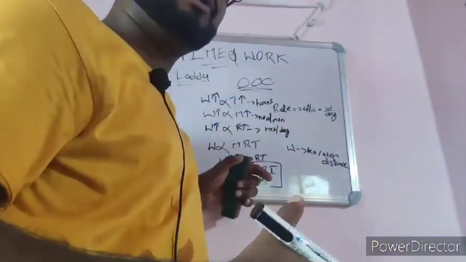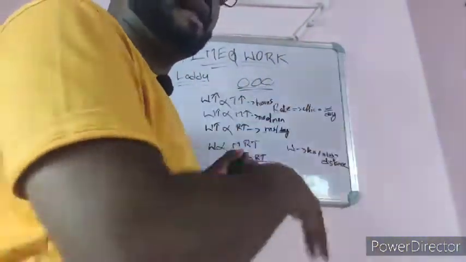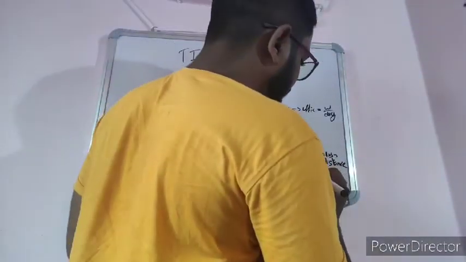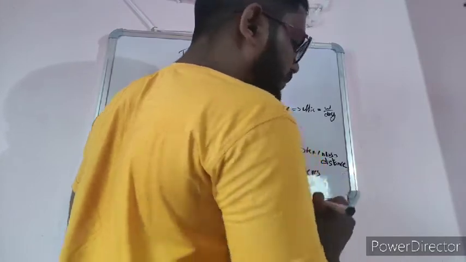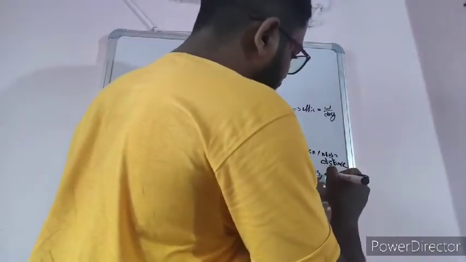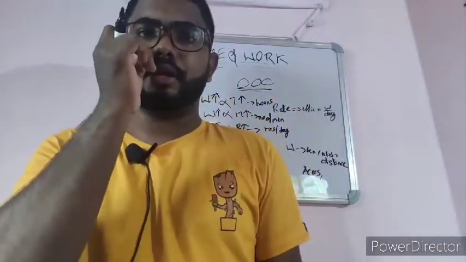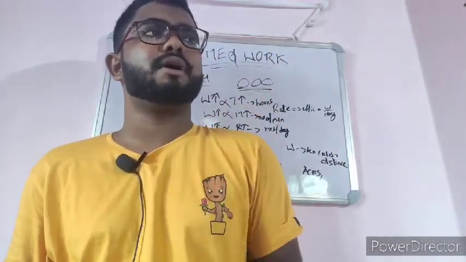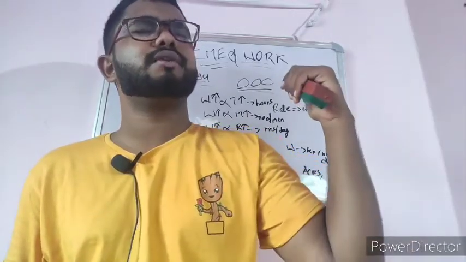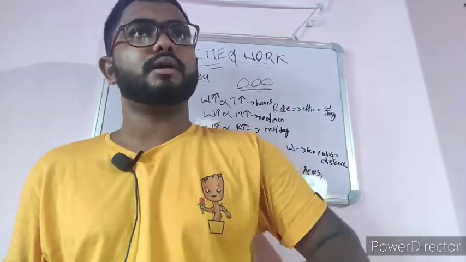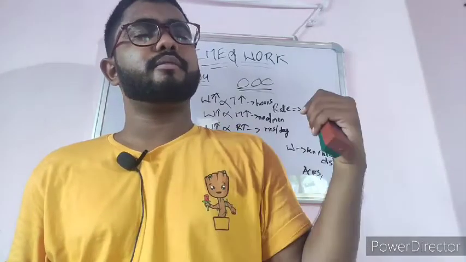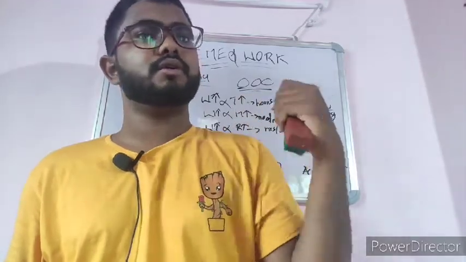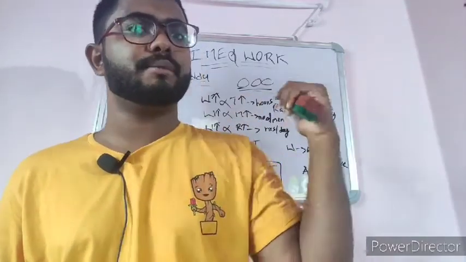If I take an example of cleaning an area, like cleaning a field, the work done units will be acres or square meters or SFT, because work done depends on what kind of work you are doing. We are laying a road, so the units will be meters or kilometers. We are clearing an area, so the units will be acres or guntas or whatever is required. So this is the basic concept.